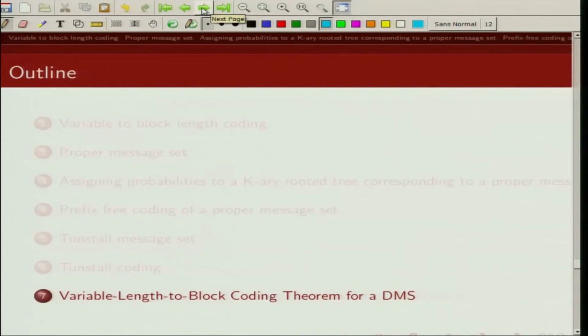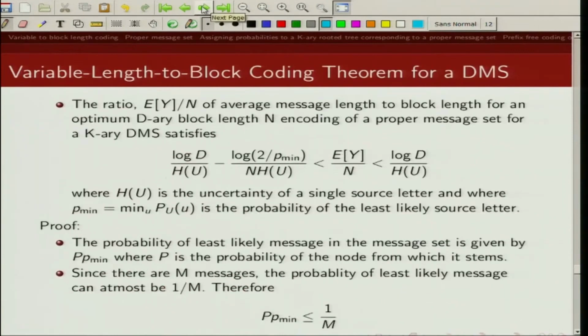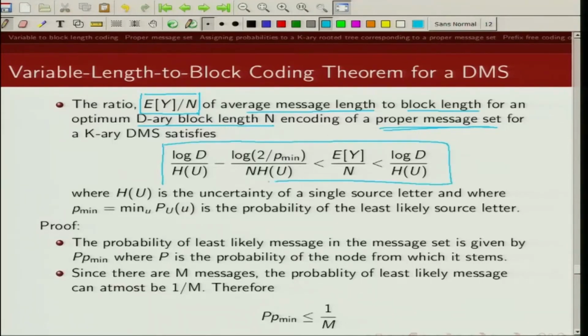Now let us explain the variable to block length coding theorem for a discrete memoryless source. The ratio of expected input length, which is basically the average message length, to the output block length n, of a block length n encoding of a proper message set, satisfies this relation.